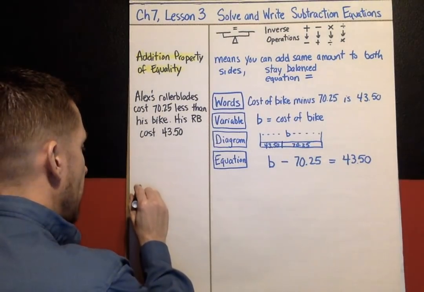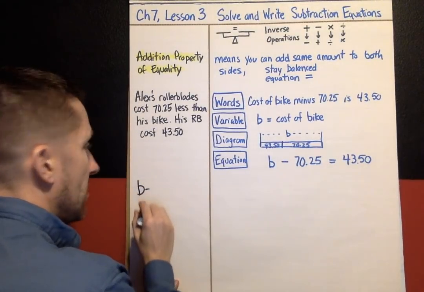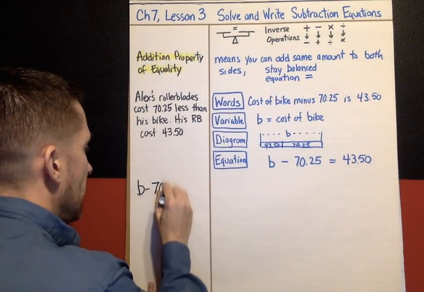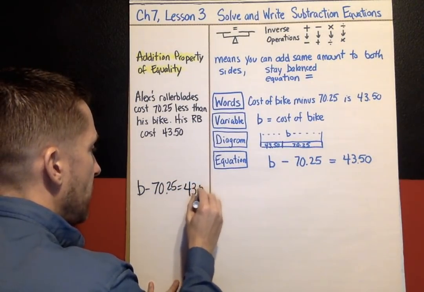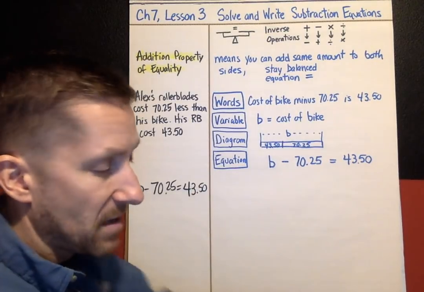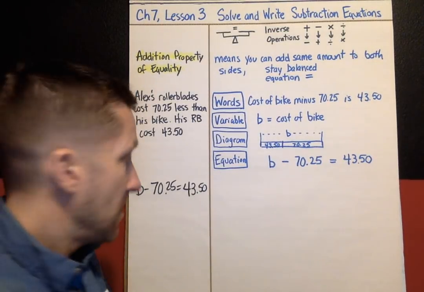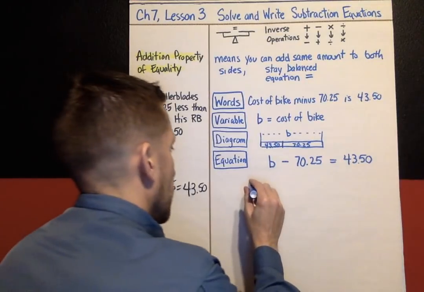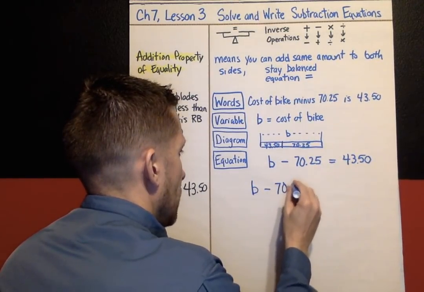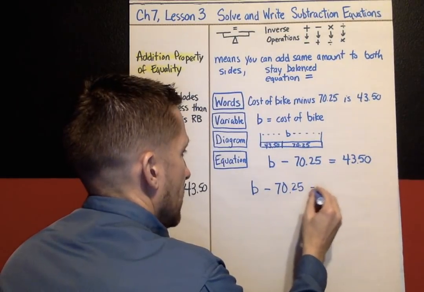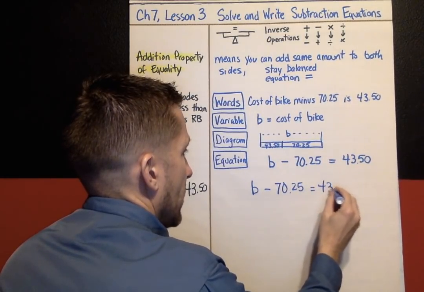So I'm going to rewrite the equation over here. Cost of the bike, take away $70.25 equals $43.50. Now how do we solve that? B, subtract $70.25 equals $43.50.